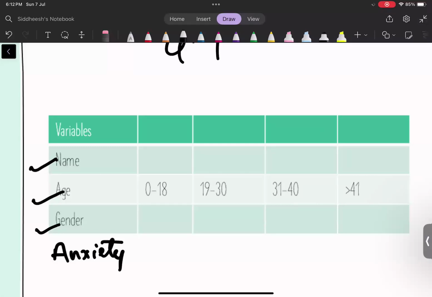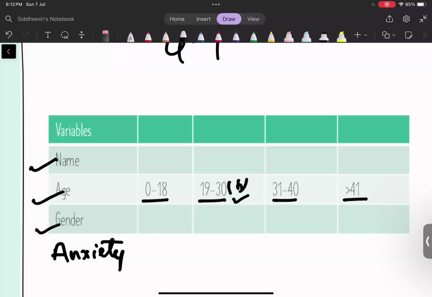So in this questionnaire you made, the patient's age options might be up to 18, 19 to 30, 31 to 40, and more than 41. You have made these options. Suppose somebody comes to you telling you their age is 22. What will you do? You will click on option B. In this category, you are fitting them.